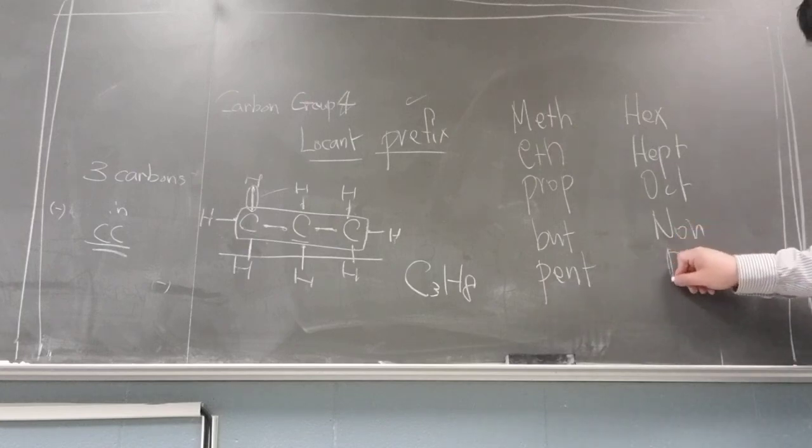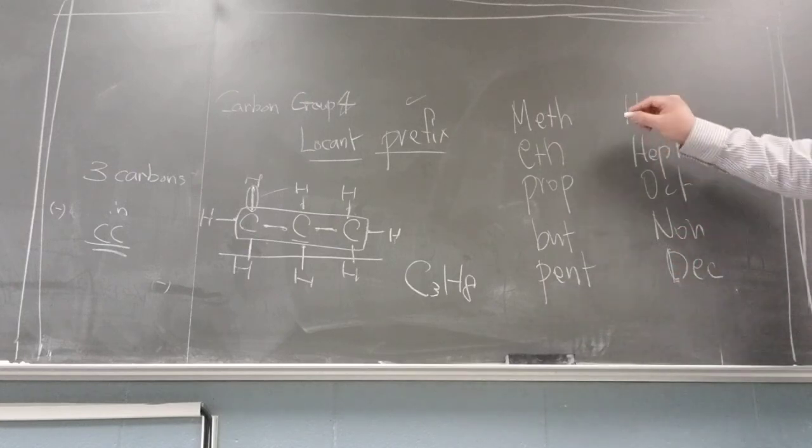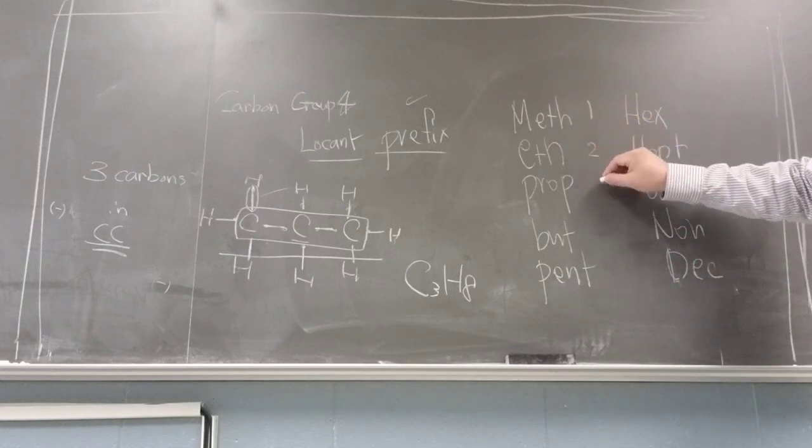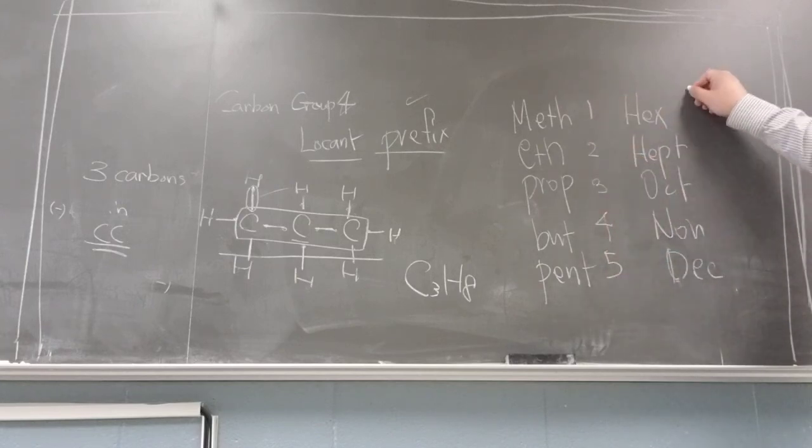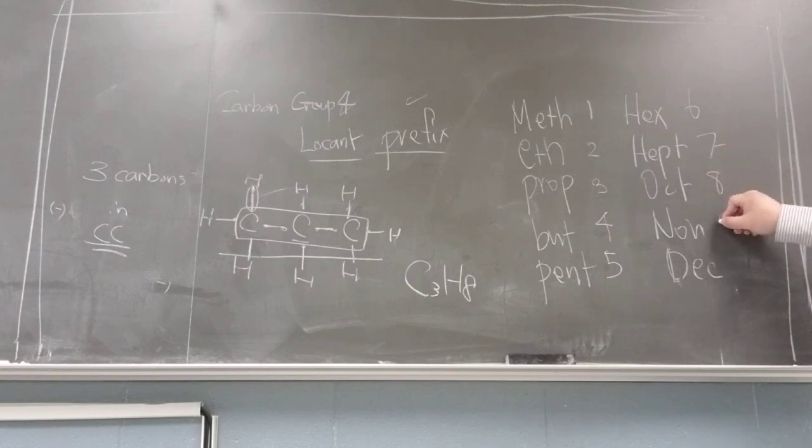Okay. So it's just the meaning of how many carbons are there. So this is 1, 2, 3, 4, 5, 6, 7, 8, 9, 10.